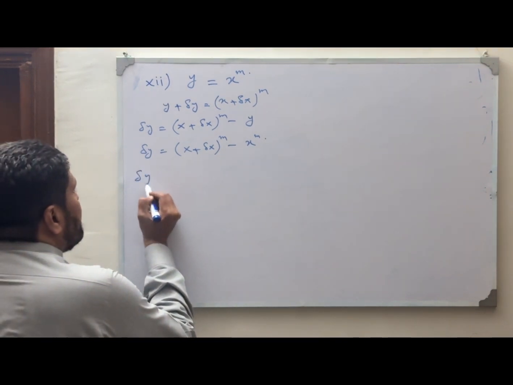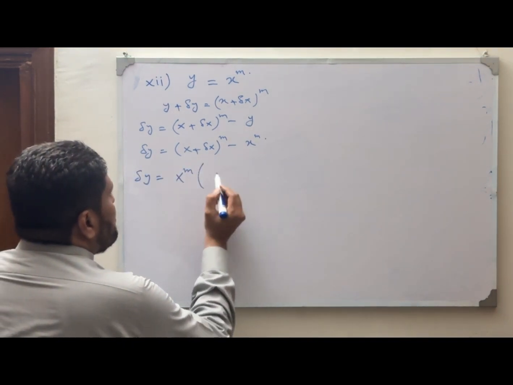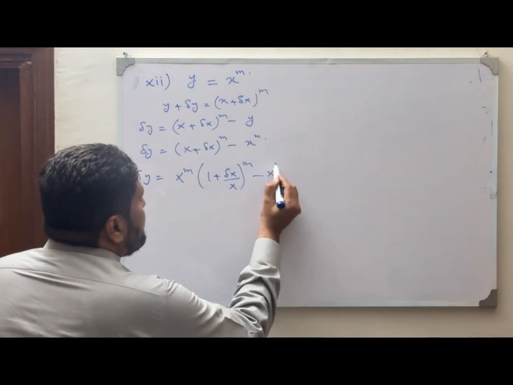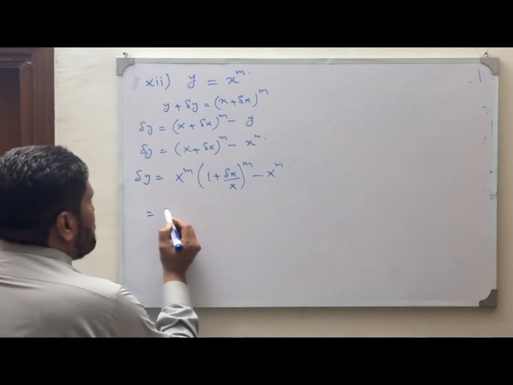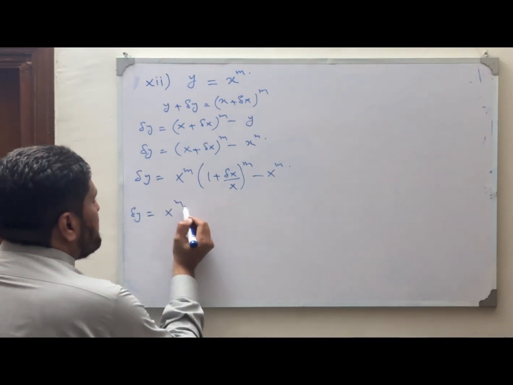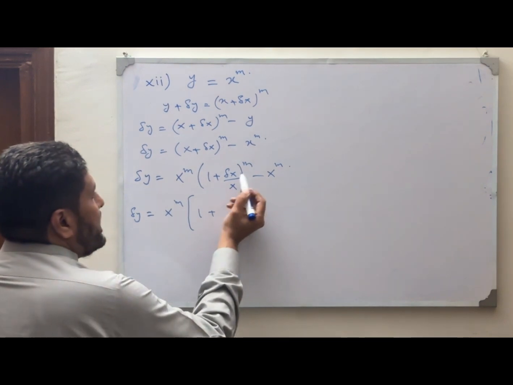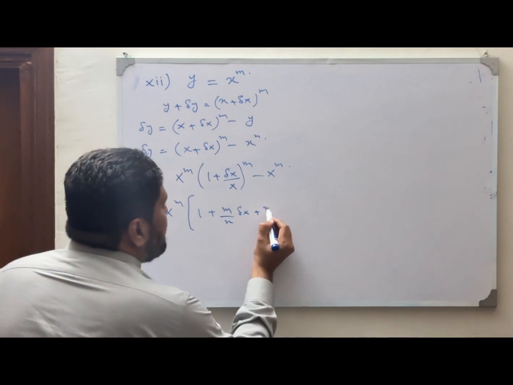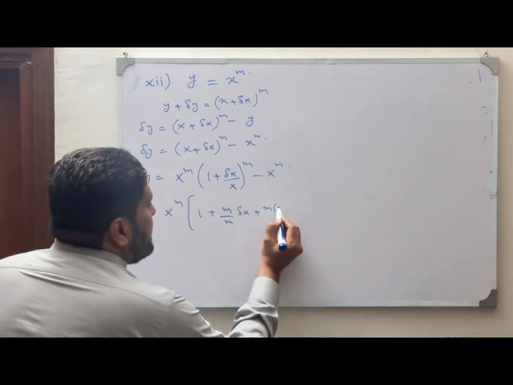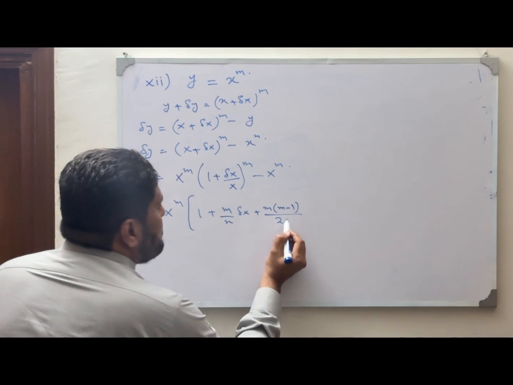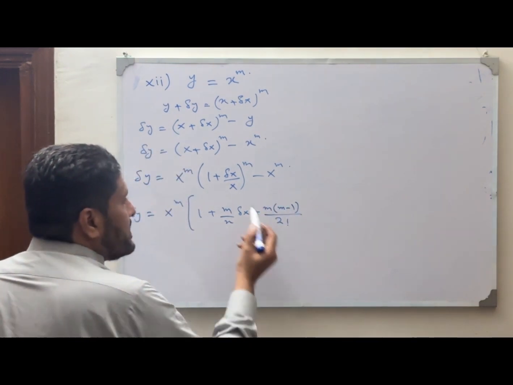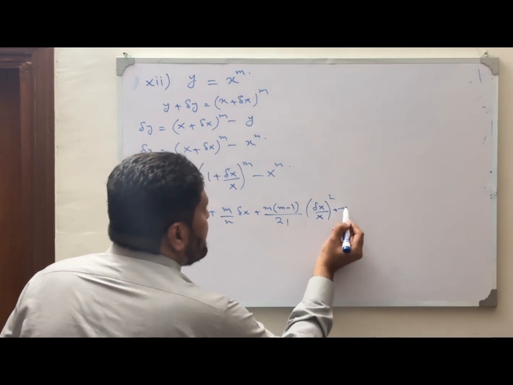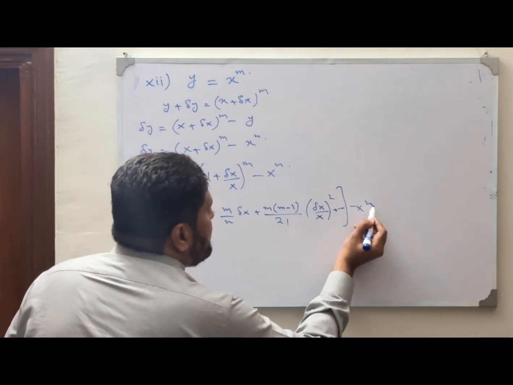So our delta y is equal to x power m into 1 plus delta x over x whole power m minus x power m. So by using binomial expansion, this will become x power m into 1 plus nx. Our n is m, so this will become m over x delta x plus m into m minus 1 over 2 factorial into delta x over x whole square, and neglecting the remaining terms, minus x power m.